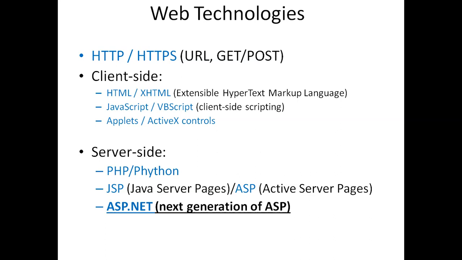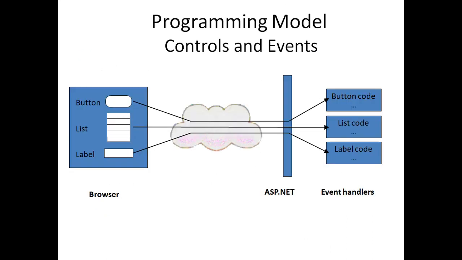PHP and Python are basically open source, JSP is the product of Java, and ASP is the product of Microsoft. ASP.NET is the new generation technology, so it is more advanced than ASP, and it is completely object oriented, the next generation of ASP.